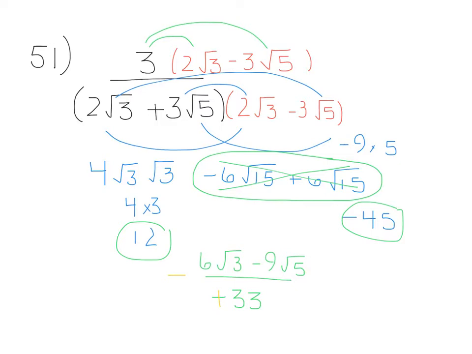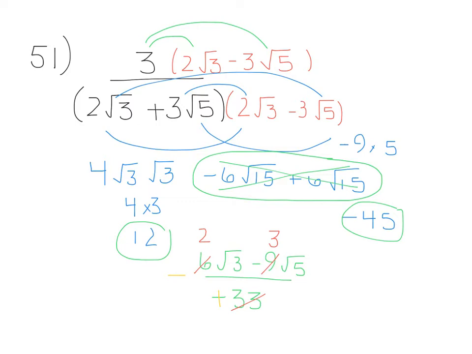Now in this case, there's one more thing we can do, and that is that we notice that all of the terms are divisible by 3. 6 is divisible by 3. 3 goes into it twice. 9 is divisible by 3. 3 goes into it 3 times.